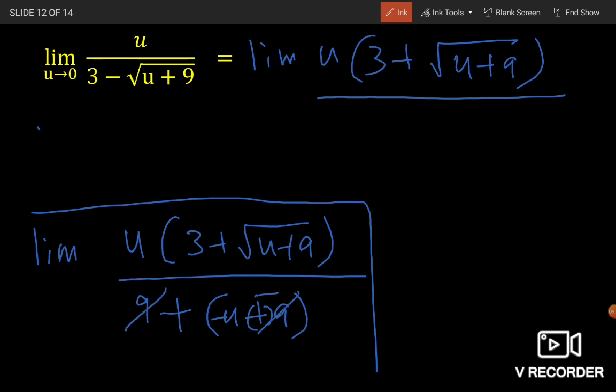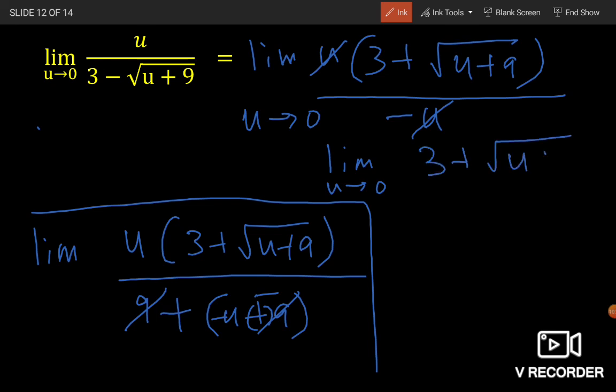So you're left with negative u here as u approaches 0. The u here cancels the other u. Now you're left with the limit as u approaches 0 of 3 plus square root of u plus 9 over negative 1.